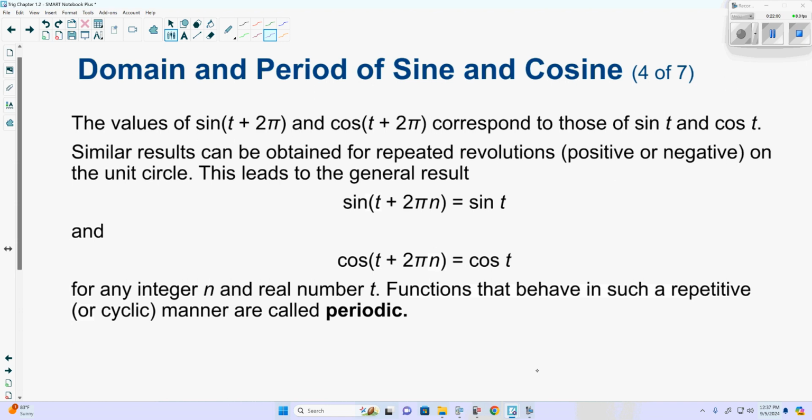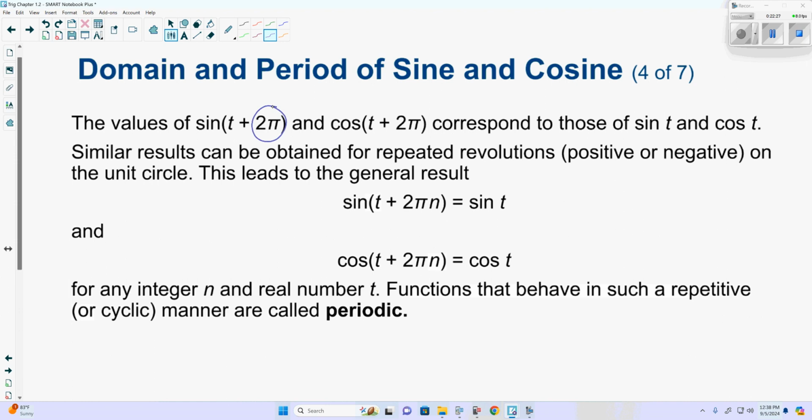Now, we call sine and cosine periodic functions because it has a repetition. Functions that behave in a repetitive manner or cyclic manner are called periodic because there's a certain amount of time that they repeat themselves. And for sine and cosine, that period is 2 pi.